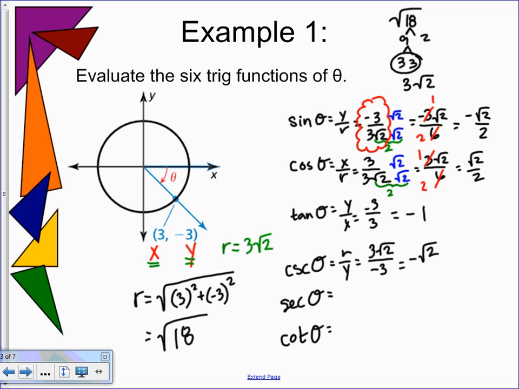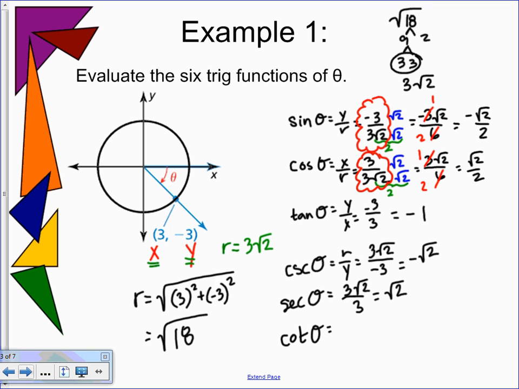And then the same thing for the secant. I would go back and I would really just do r over x. And then flip it, so that it was 3 square root 2 over 3, which is just a positive square root 2. A lot of people are used to going to the back and just flipping sine, flipping cosine, and flipping tangent.